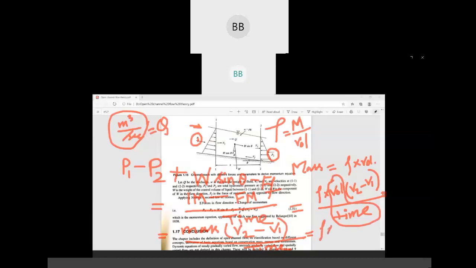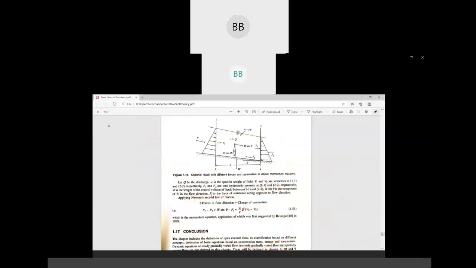Rho into Q, multiplied by v2 minus v1. So what will be the final expression?